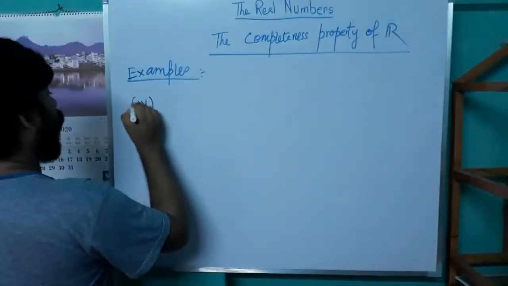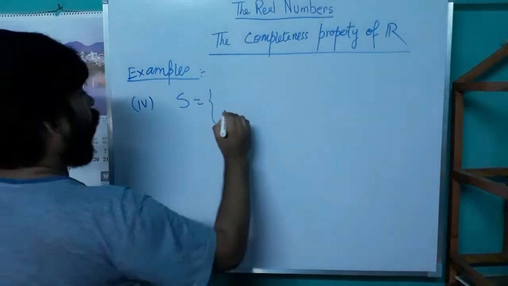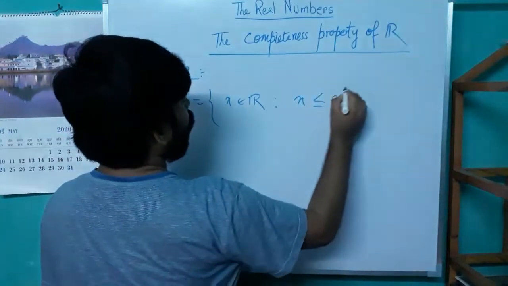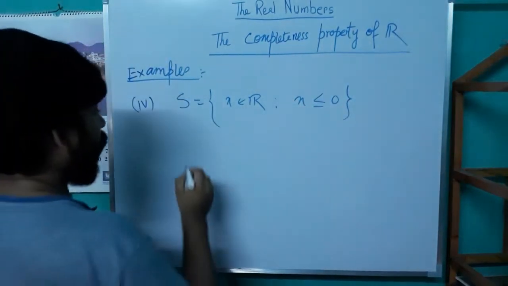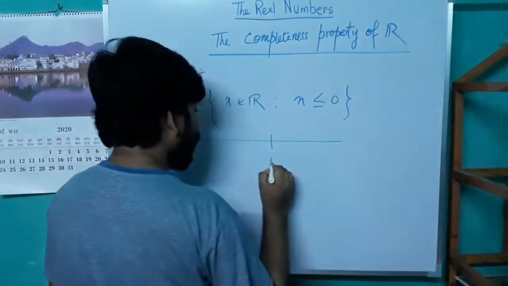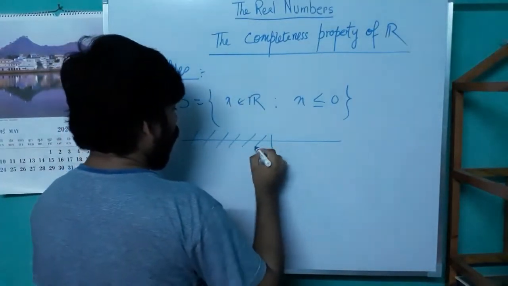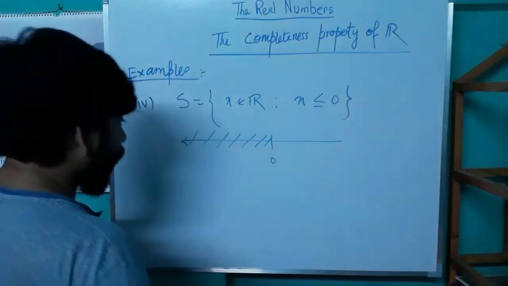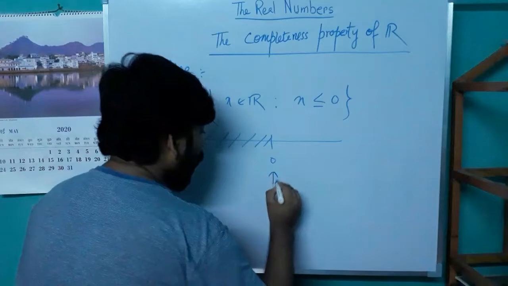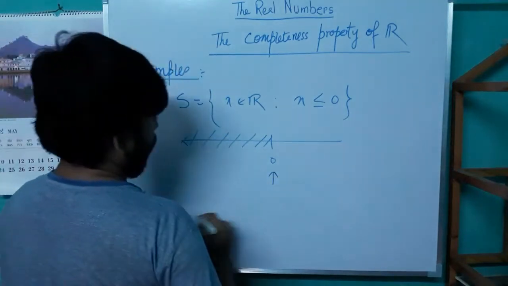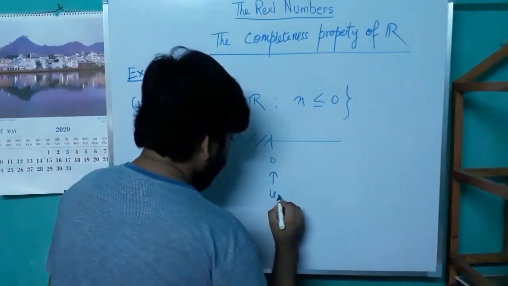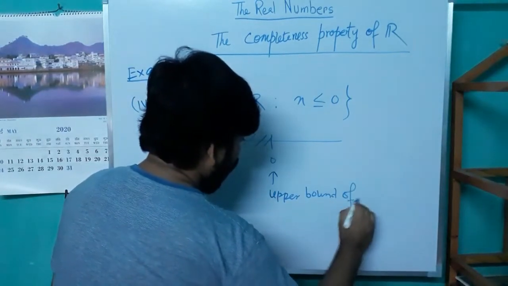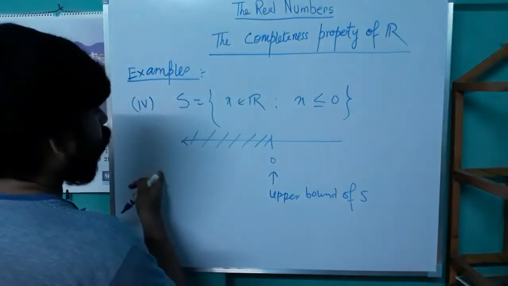Okay, example 4. Let us consider all those real numbers which are less than or equal to 0. Here we consider the set of all those real numbers which are less than or equal to 0. So obviously 0 is an upper bound of the set S, but this set has no lower bound.